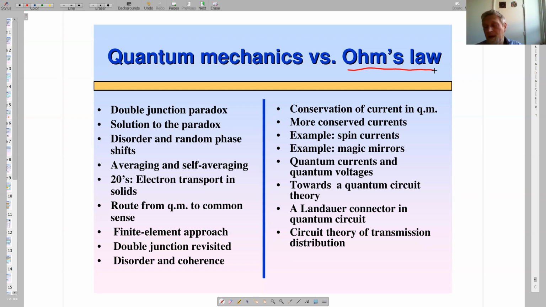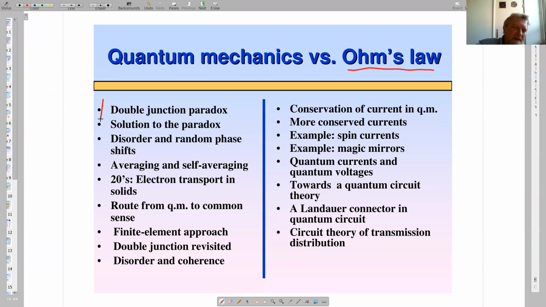Okay, correspondence with Ohm's law. All right, there will be many subtopics today. First of all, I will talk immediately how to start from double junction, which we know, which we have described in the last lecture, and understand how Ohm's law is reproduced in these circumstances.